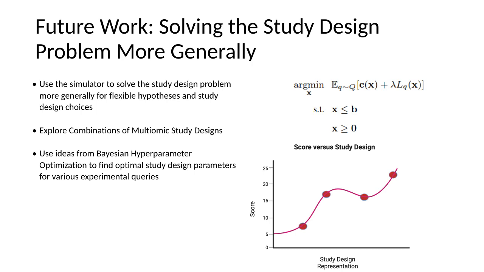In the future, we plan to use the simulator to explore the study design problem in a more general case for flexible hypotheses and study design choices. In particular, we aim to test multi-omic technologies such as combinations of various study designs and their combinations with one another. We also aim to use ideas from Bayesian hyperparameter optimization to eventually solve this problem in the more general case.